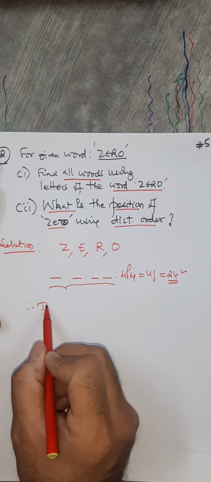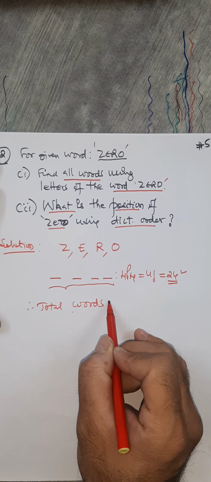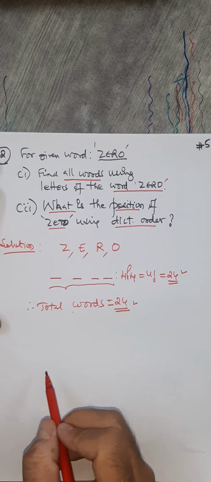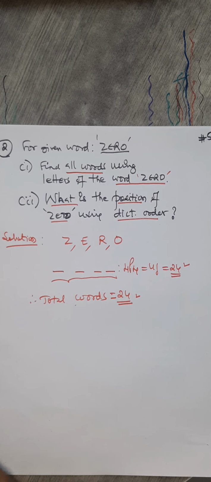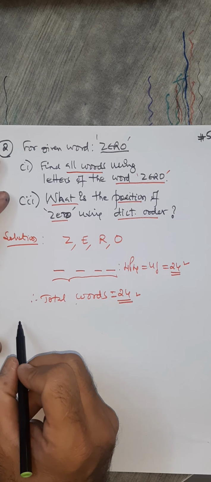So total words equals 24, using the letters of the word zero. Now in the list of these 24 words, if we list out, somewhere you have this word zero. So we want the position of that. Okay.